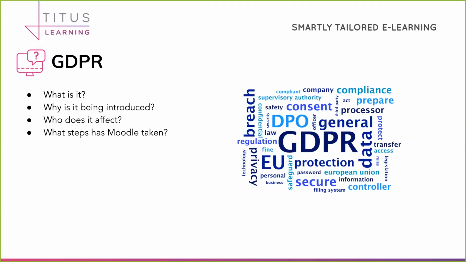But who does it actually affect? GDPR not only applies to organizations located within the EU, but also applies to organizations outside of the EU, especially if they offer goods or services to EU data subjects. A data subject is just an individual that you're holding data on, essentially. And it applies to all companies processing and holding the personal data of data subjects that reside in the EU, regardless of the company's location.